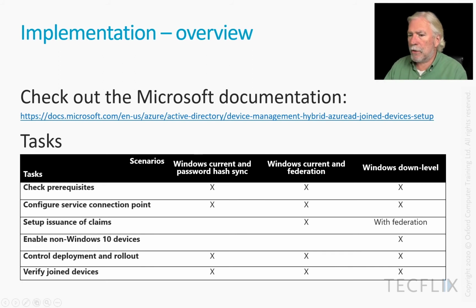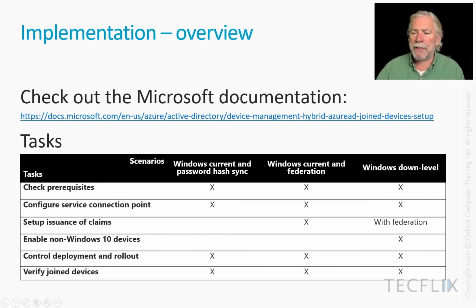In the case of federation, there's additional work to do with claims. We're playing down federation, as I've said before. We need to enable non-Windows 10 devices because Windows 10 devices are enabled by default. So if you've got down-level devices, we need to enable those. We might want to control deployment and rollout.